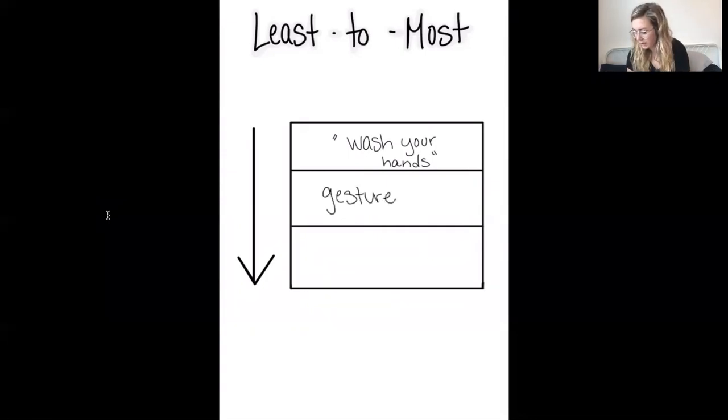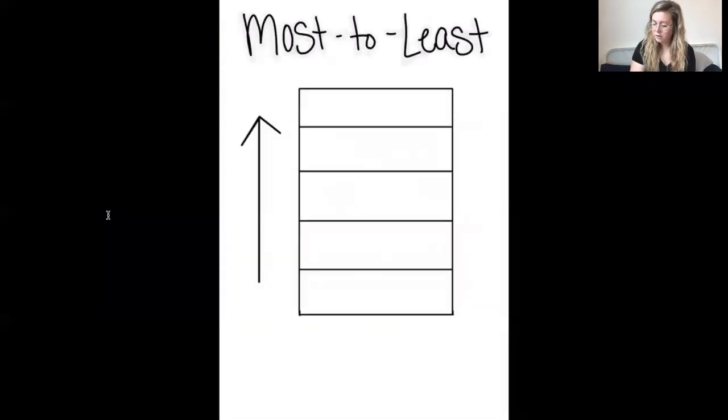The teacher points to the faucet while saying, wash your hands. If the learner still doesn't respond, the teacher will again say, wash your hands, and actually take the learner's hand and guide it towards the faucet. And that would be our partial physical guidance.